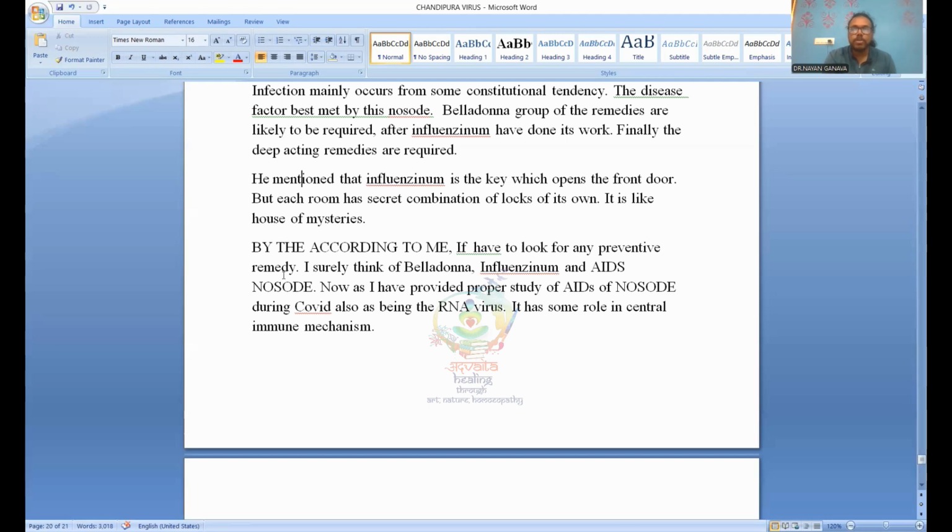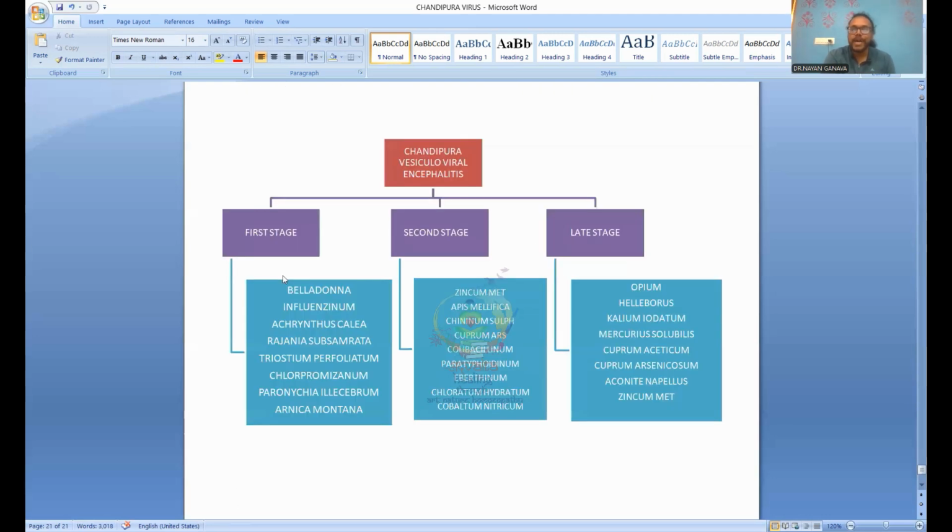So this is what I feel, this is what I thought. Okay, and this is what I personally believe in homeopathy so much, so I am sharing with you all. If there are any mistakes or any symptoms I have not mentioned correctly, you can ping me anytime so we can discuss that also.